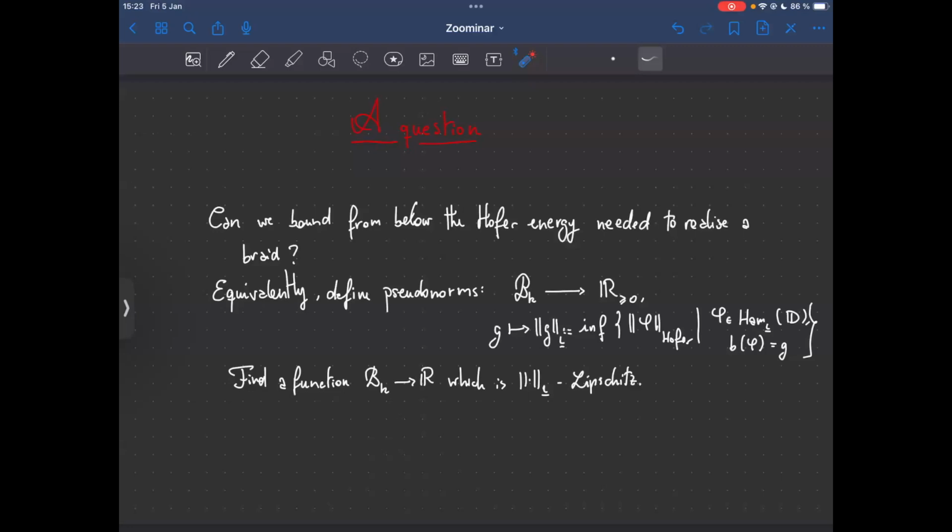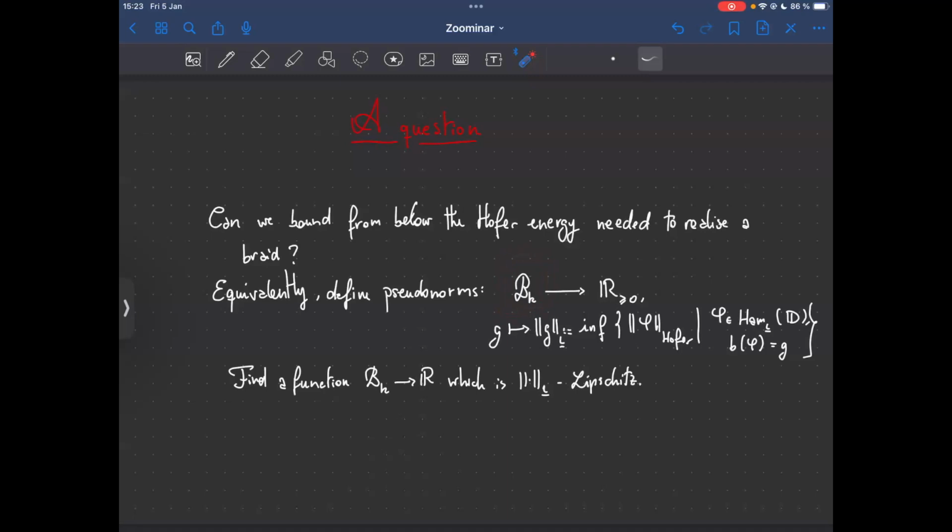There is an equivalent definition for this question, given in the language coming from an idea of Frédéric Leroux. So we would like to define pseudonorms on B_K. They are actually norms of groups, so that the norm of the inverse coincides with the norm of the element and it satisfies the triangular inequality.